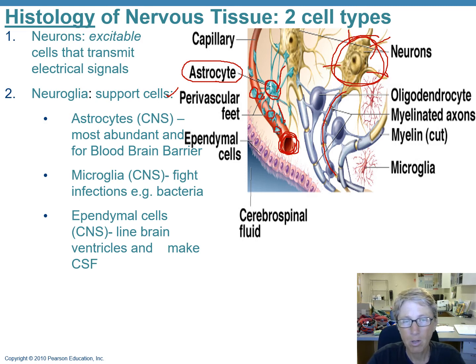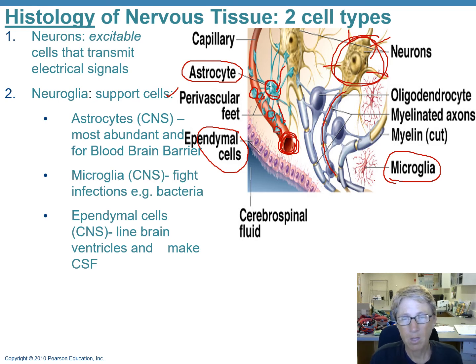The other type of support cell or neuroglia is called a microglia. So this little guy right here, microglia, they fight infections, bacteria. So for example, these microglia can find bacteria that got into your brain somehow and destroy them. And the next type of support cell is called an ependymal cell. So here's an ependymal cell. And they're the cells that line the brain ventricles.